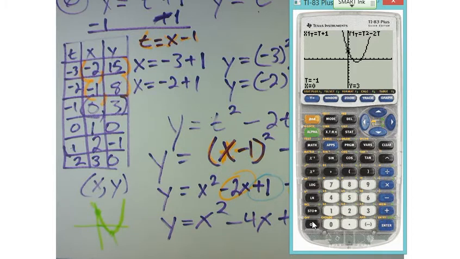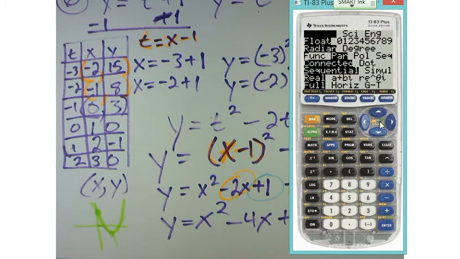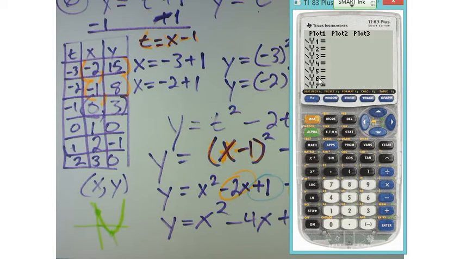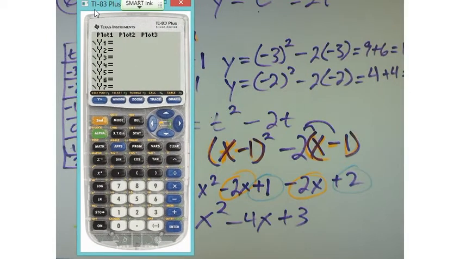Now, if I really wanted to double check it, what I could do is go into mode, hit function, and then graph x squared minus 4x plus 3, then hit graph. It's the same thing, isn't it?